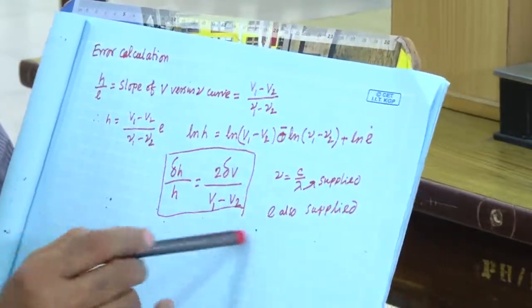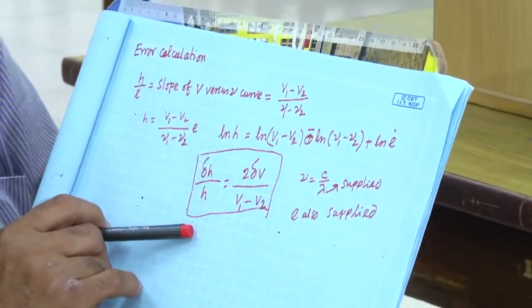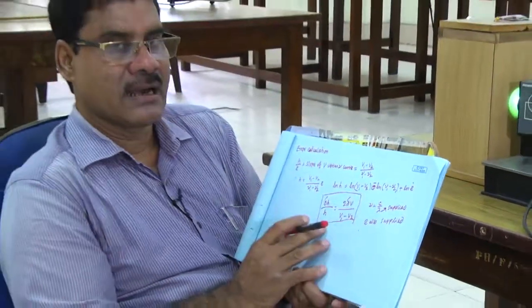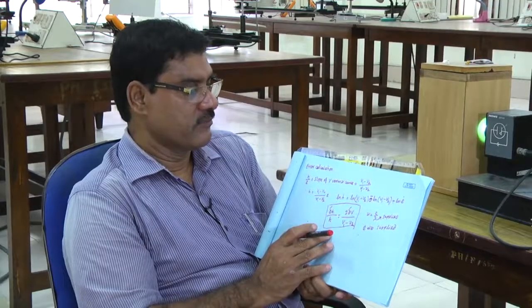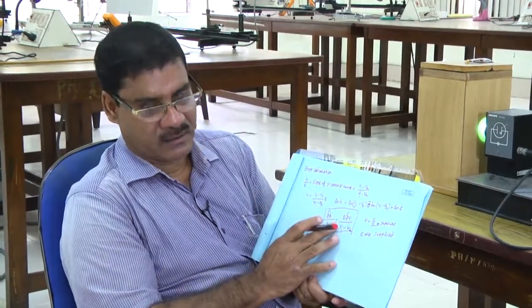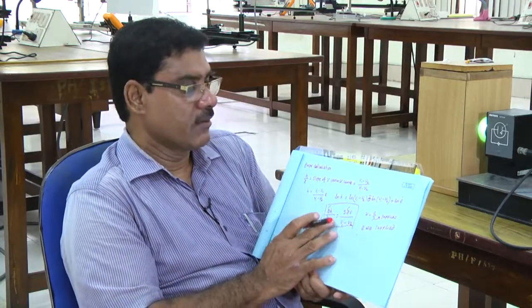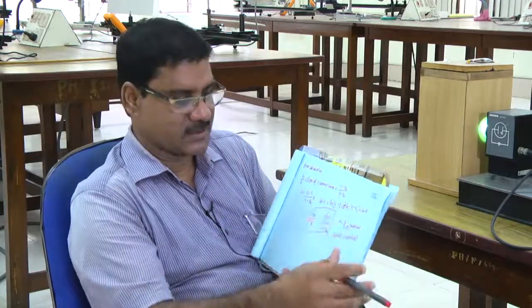That is why this will be the most probable error for the measurement of h. So, that is the description of the experiment I made. Now I will demonstrate the experiment in the next class. Thank you.